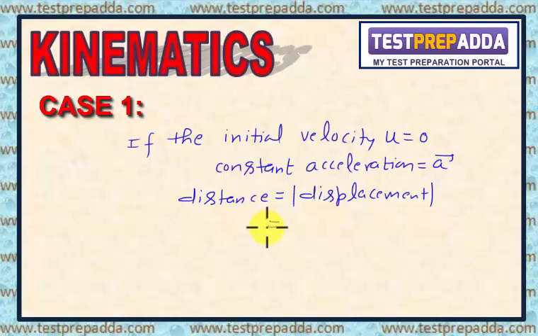And if I use S is equal to UT plus half AT square, since U is 0, the remaining part will be half AT square. Got the idea? So this is the case where the displacement can be taken as the distance.